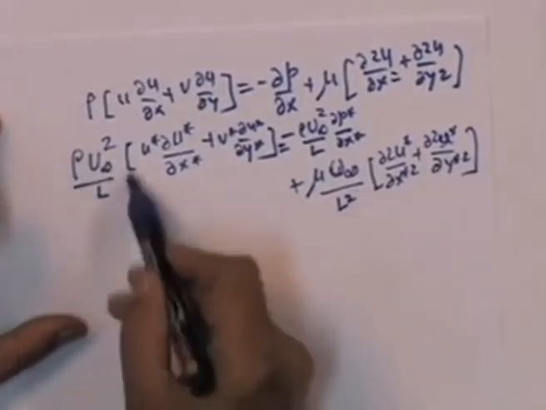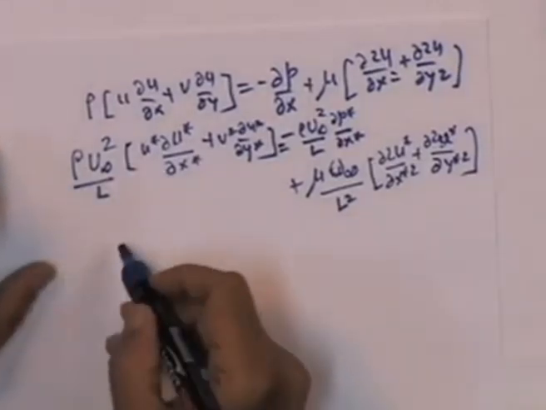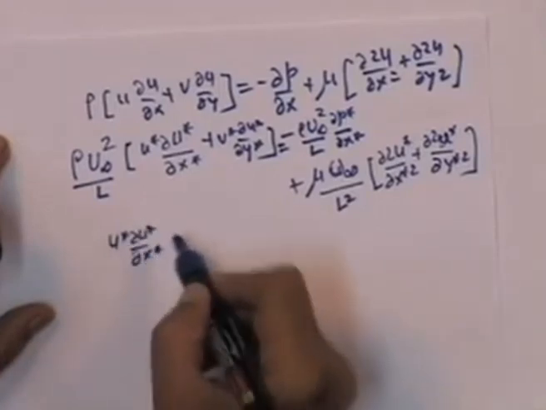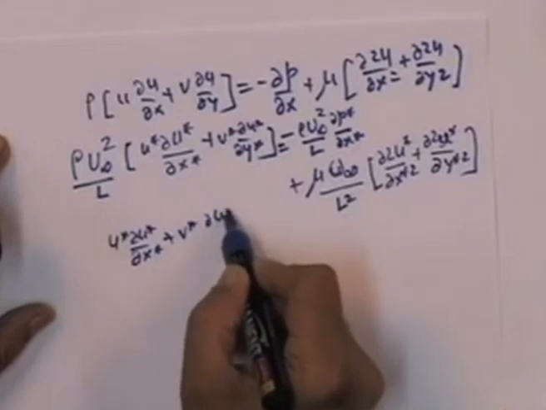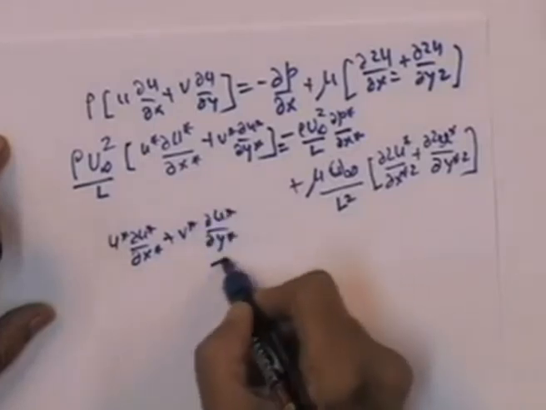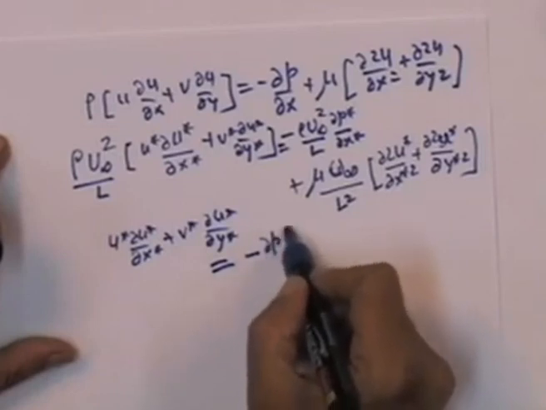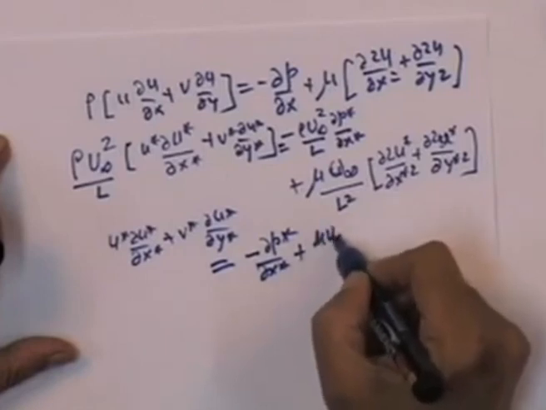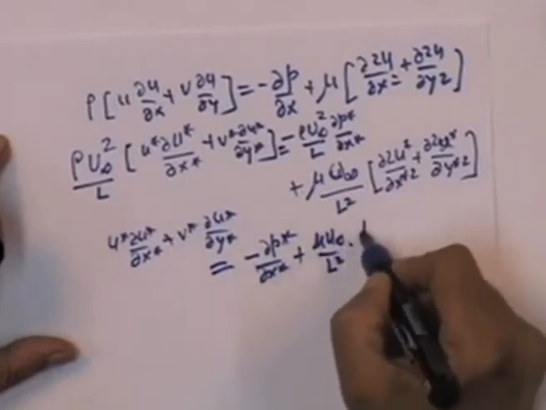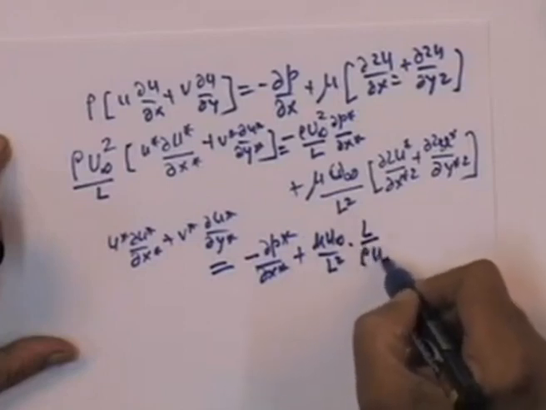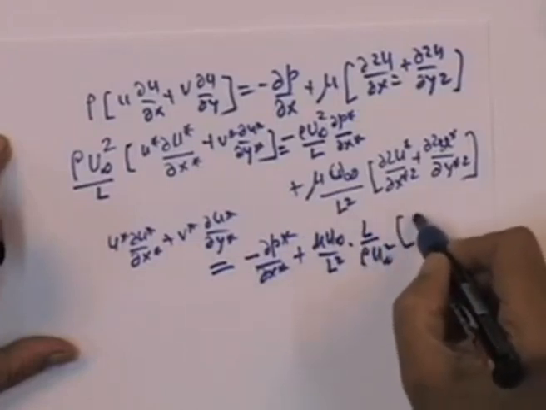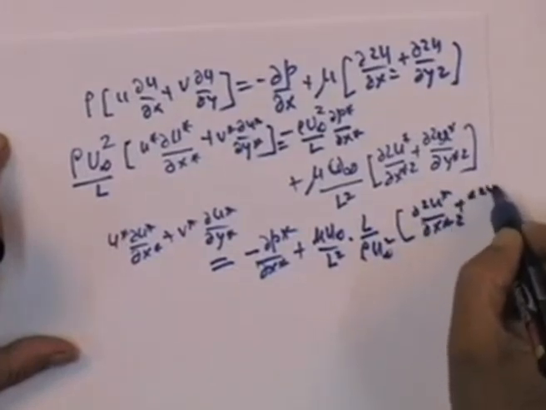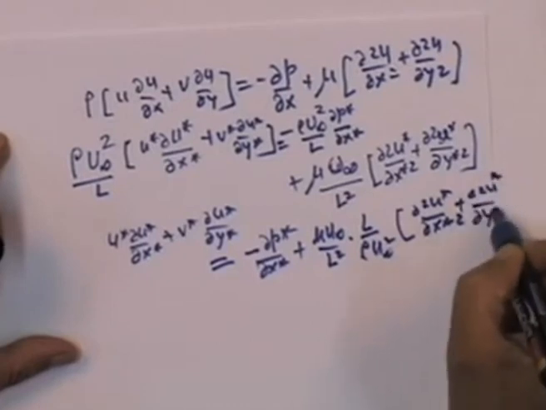If I divide through by this quantity, you will see I will get u star du star by dx star plus v star du star by dy star equal to minus dp star by dx star plus mu u infinity by L square into L by rho u infinity square into d2u star by dx star square plus d2u star by dy star square.